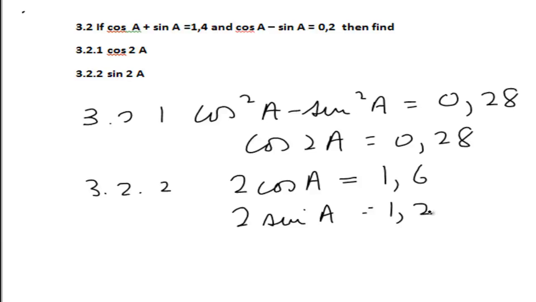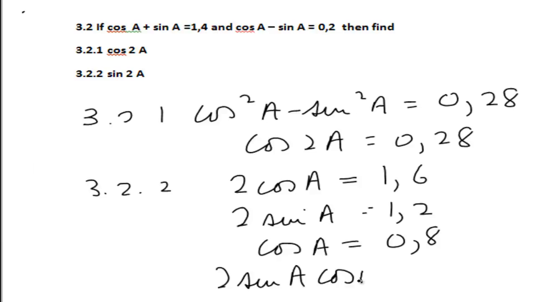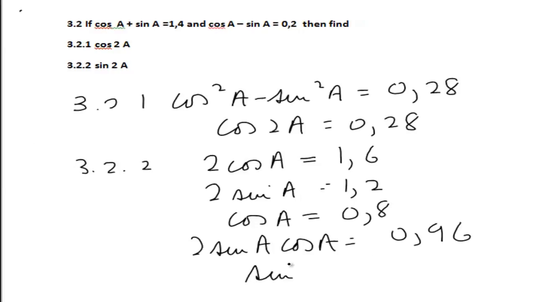And then, let's say for argument's sake, we divide that 2 cos a, we can get 0,8. Now if I multiply both these, 2 sine a cos a, I will get 1,2 times that, which is 0,96. And then 2 sine a cos a is sine 2a. That's a lovely problem.